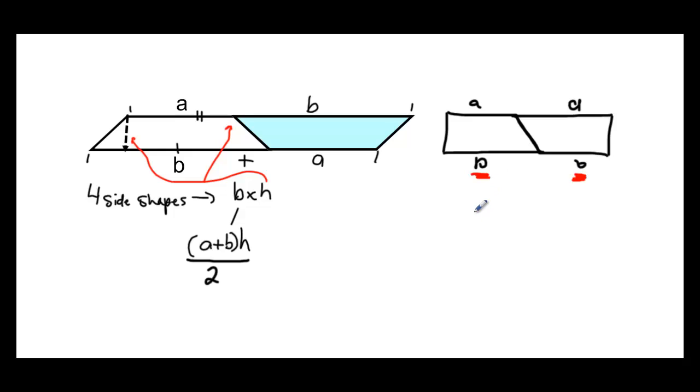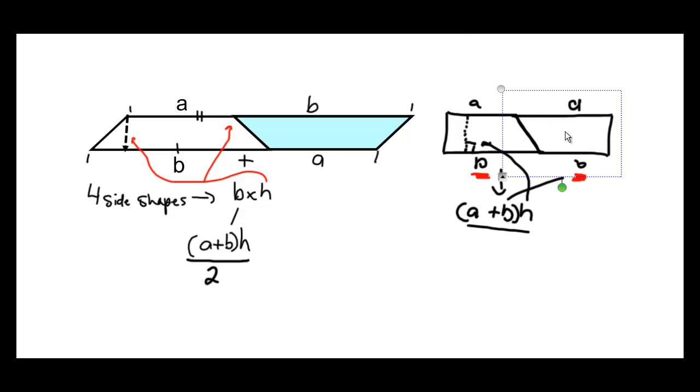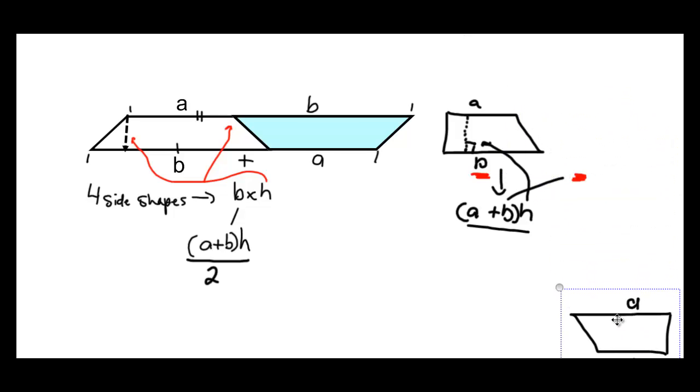All right, so we have A plus B. We have to do that first to find the base, times the height, which would be in this case here. And then we only need half of that shape.